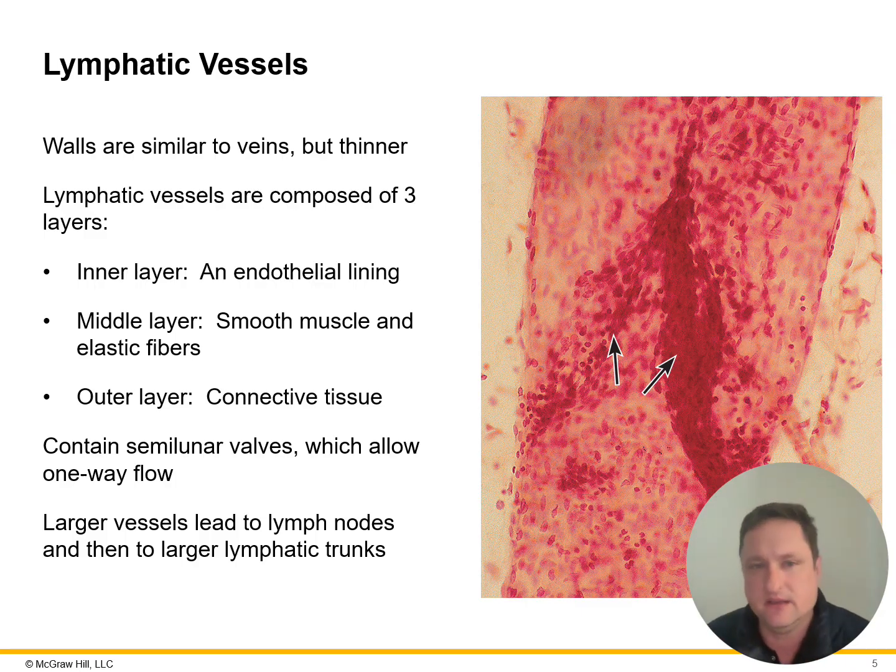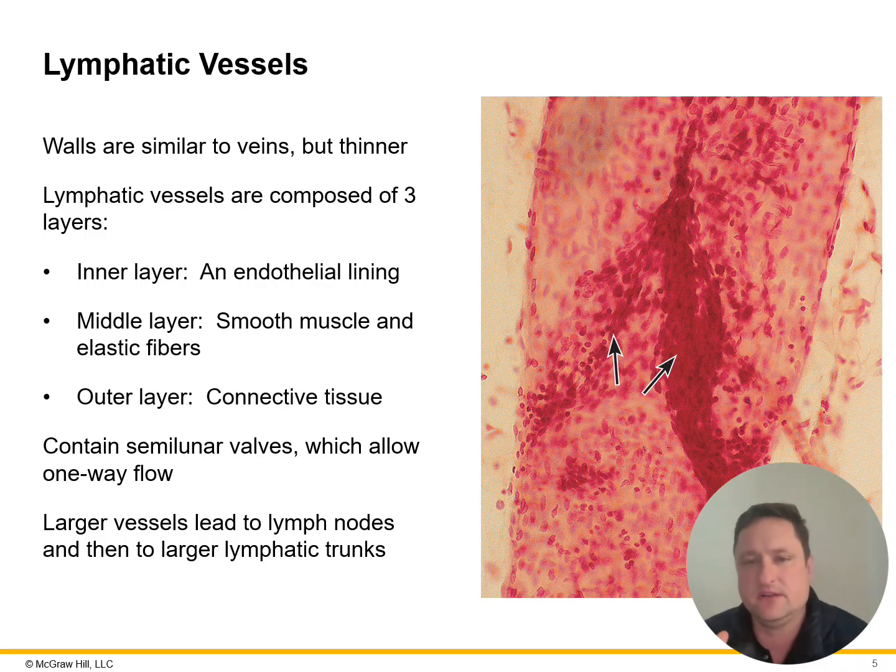They have the endothelial lining, a middle layer with smooth muscle and elastic fibers, and an outer connective tissue layer. The valves are crucial because lymph is low pressure. It's picked up at the capillary sites. They enforce one-way flow. This prevents retrograde movement as lymph ascends towards trunks and ducts.